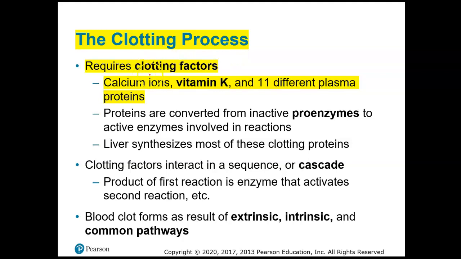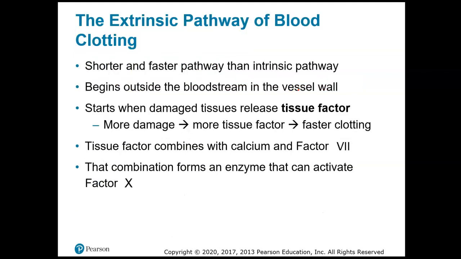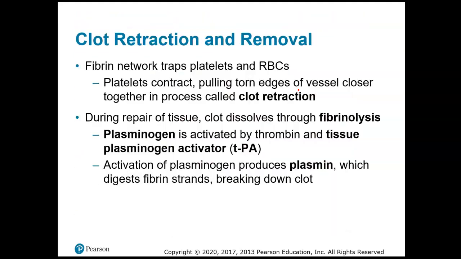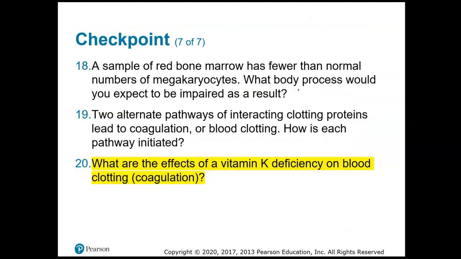I do want you to know that what's important to the clotting process are clotting factors. And they include calcium, vitamin K, and 11 different plasma proteins. So all of those are necessary for the proper blood clotting. So question 20, what are the effects of a vitamin K deficiency on blood clotting?